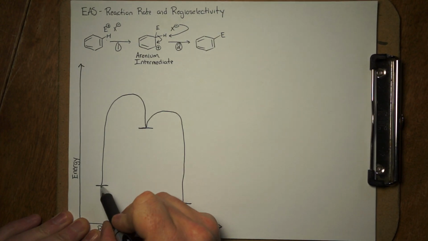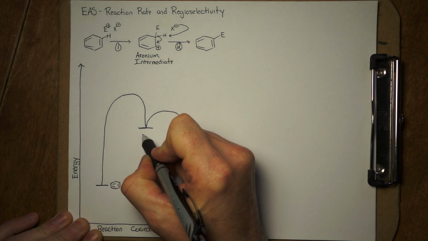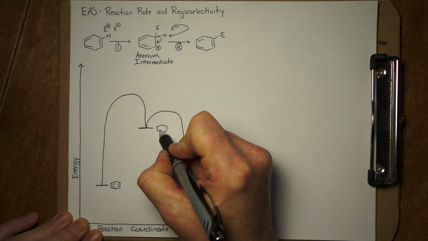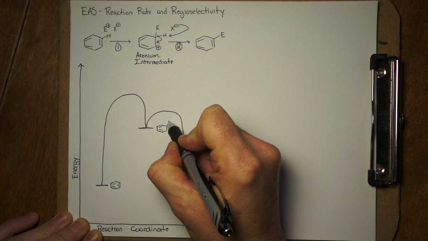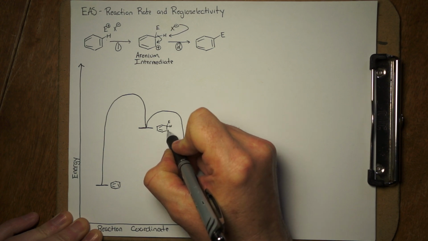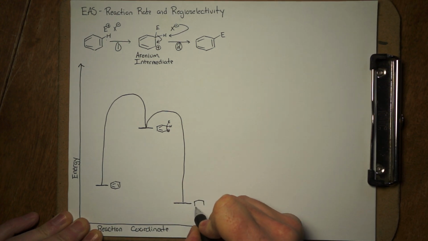Reflected onto the energy diagram, going from benzene to the arenium ion, and then down to the substituted benzene.